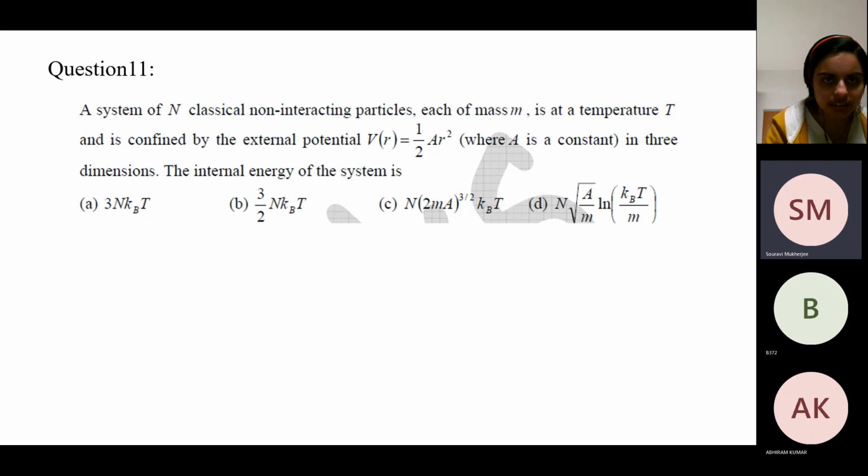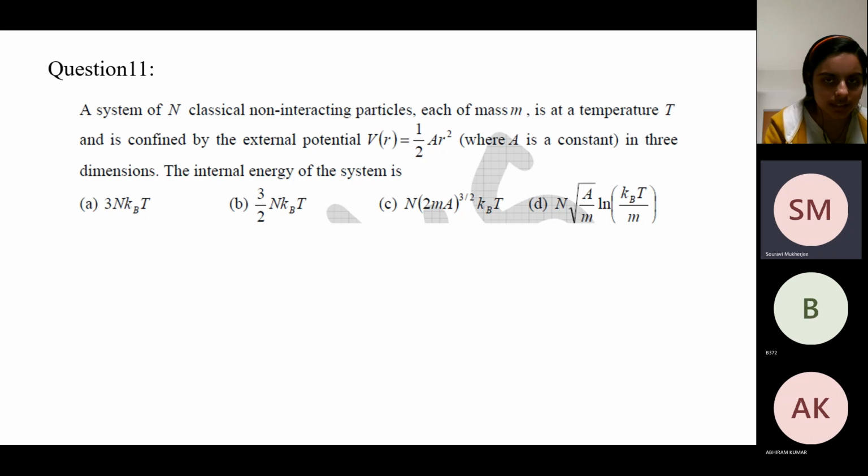And they are in an external potential given as V of r equal to half a r square. That means it's half a (x square plus y square plus z square). So it's similar to writing the potential as half k x square plus half k y square plus half k z square, right? So it's basically a three-dimensional harmonic oscillator problem.